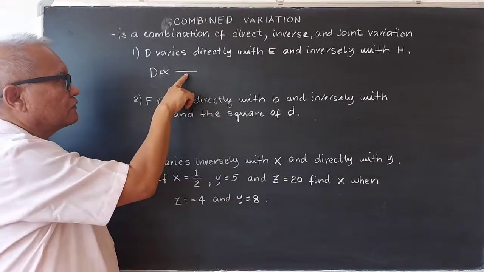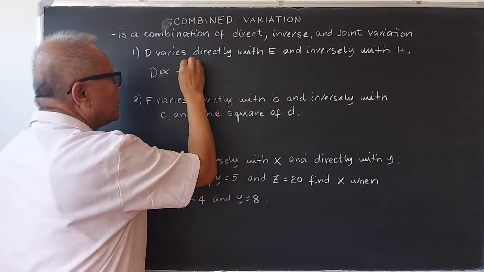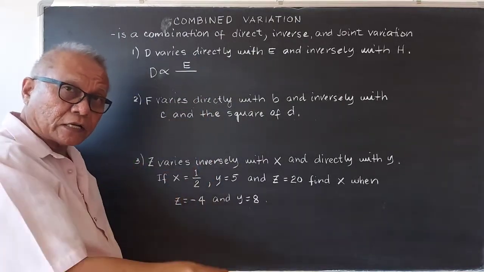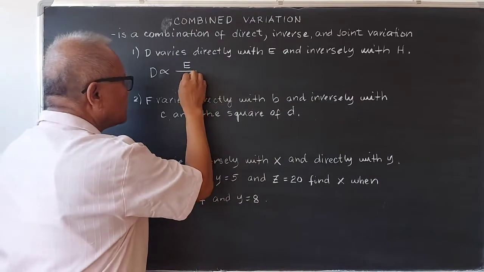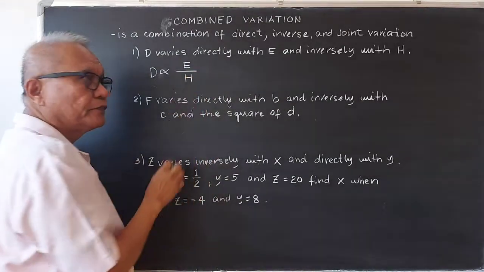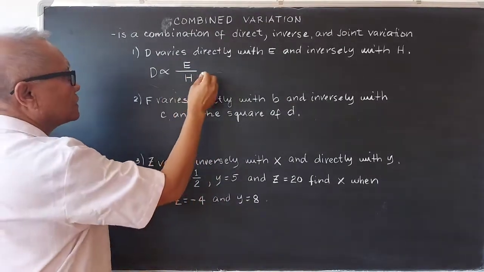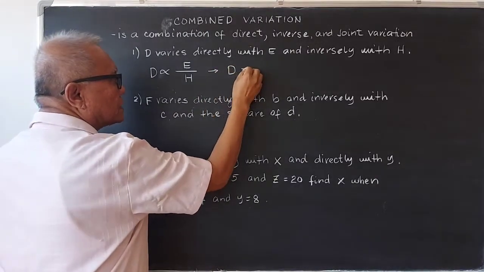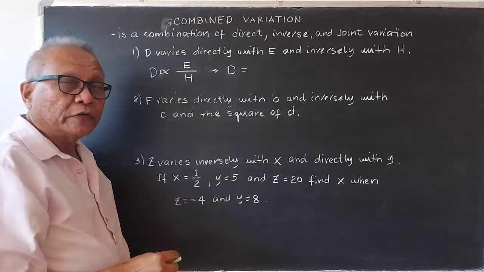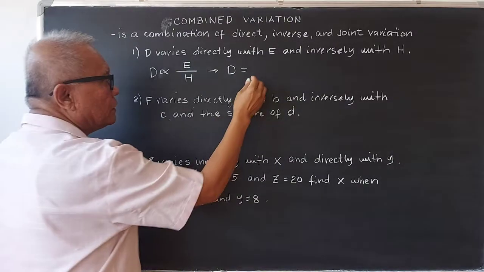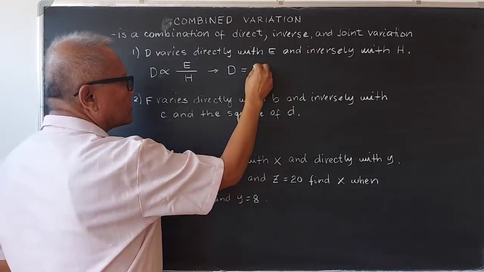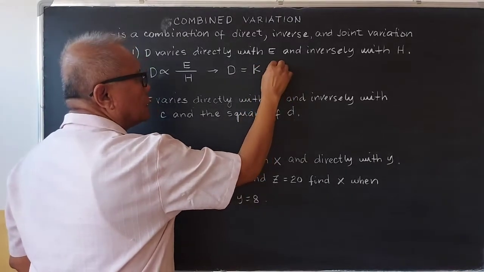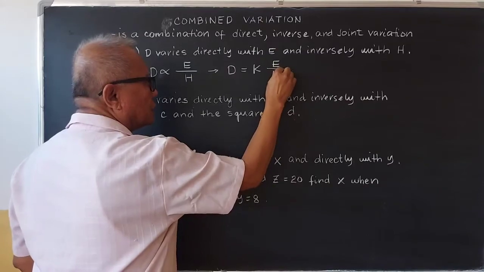Direct is above the fractional bar, E here, and inversely is down, H here. And in symbols, D is equal to, we introduce the constant K, or the variation constant, K times the E and the H.